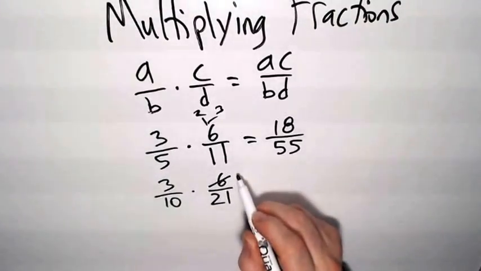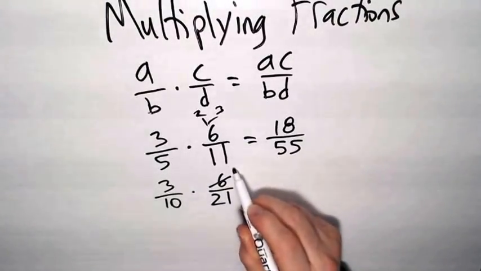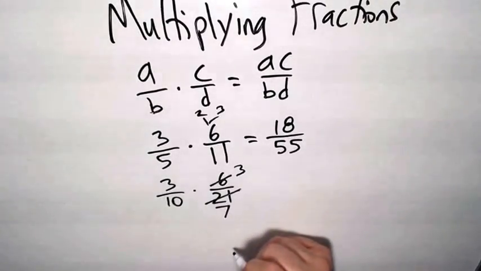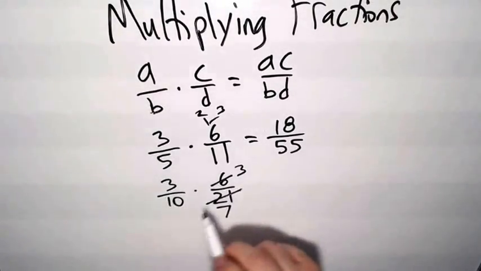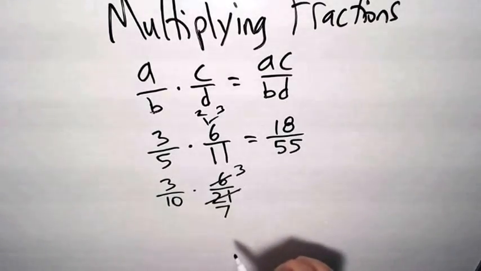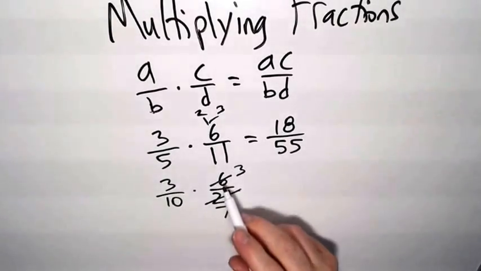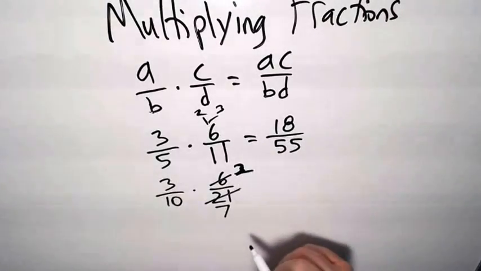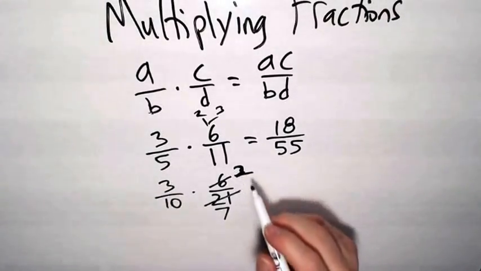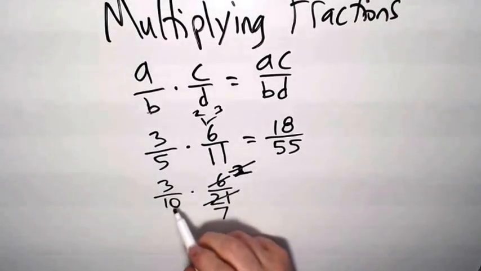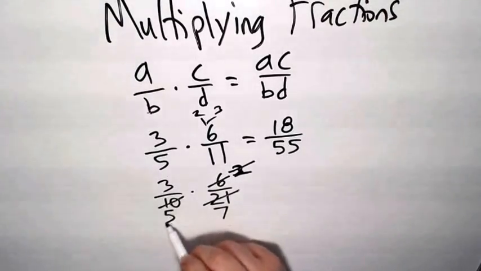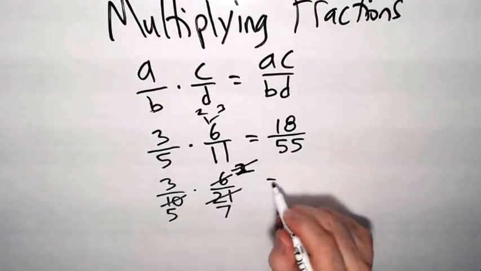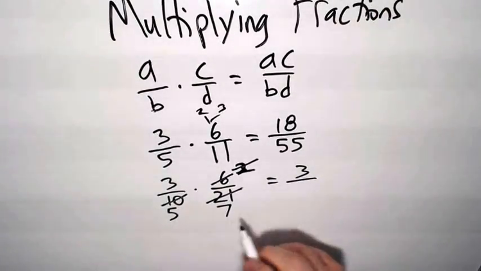A 3 goes into 6 2 times, and a 3 goes into 21 7 times. And then I only have a 3 and a 2, a 10 and a 7. And then 2 goes into 2 once, and 2 goes into 10 5 times. So then we have just 3 on the top now, and 5 times 7 is 35.